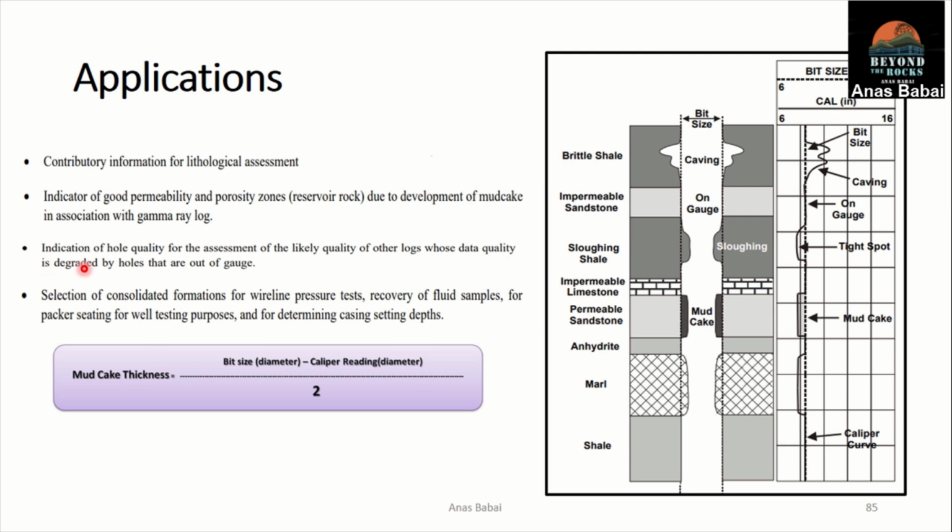And the indication of hole quality, or assessment of likely quality of other logs whose data quality is degraded by holes that are out of gauge. And we will see an example for that in the coming slide. It's also for selection of consolidated formation for wireline pressure testing, recovery of fluid samples, packer testing for well test purposes, and for determining casing setting depth.